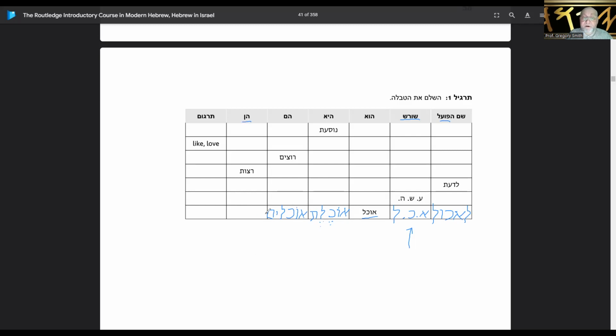Hen, we would have ochlot, with holem and tav. Okay, notice we have two holem here. That's how we get the O sound. And then notice we have the shava, which ends the first syllable here. So we get och, and then it continues with lamed, holem, tav, ochlot. And so what is the tirgum? It means to eat.